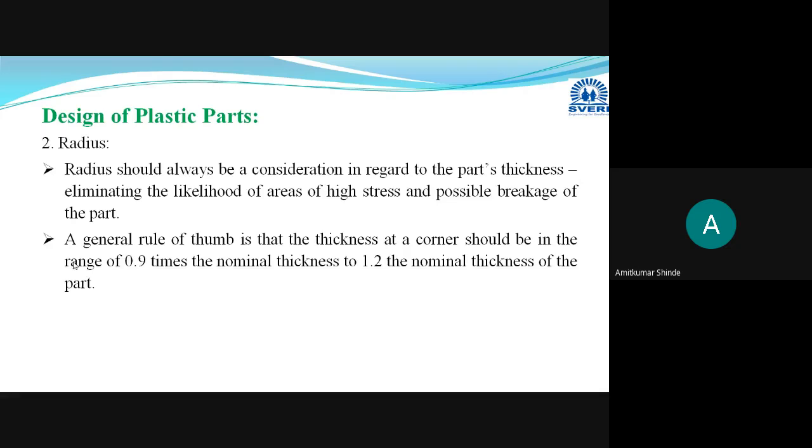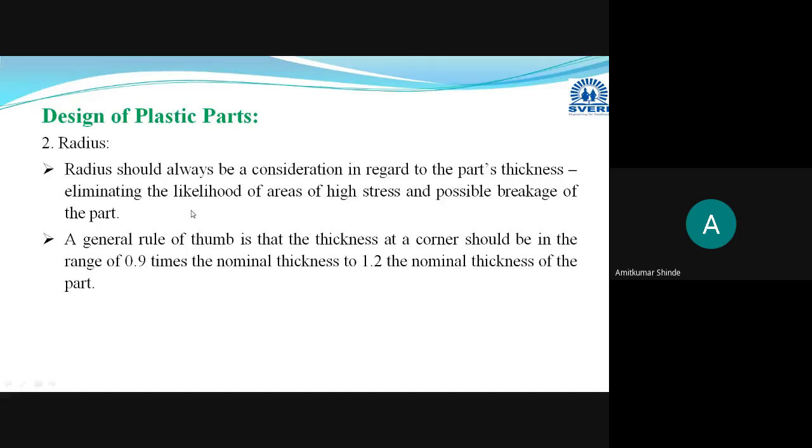For all these points we have some definite standards or definite procedures we have to follow, which we are going to discuss in the coming sessions. So in today's session, I am just summarizing all the key parts here in one lecture. In that, after selecting the material, the next part is the radius.